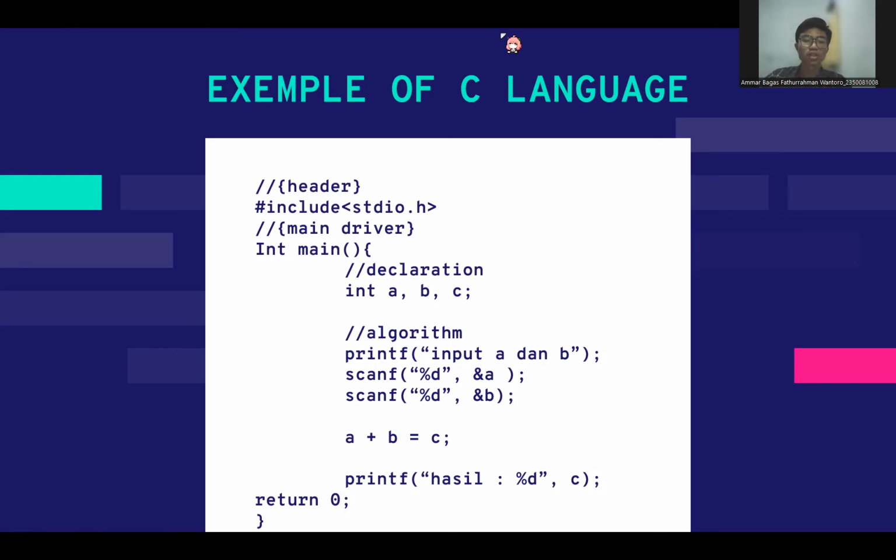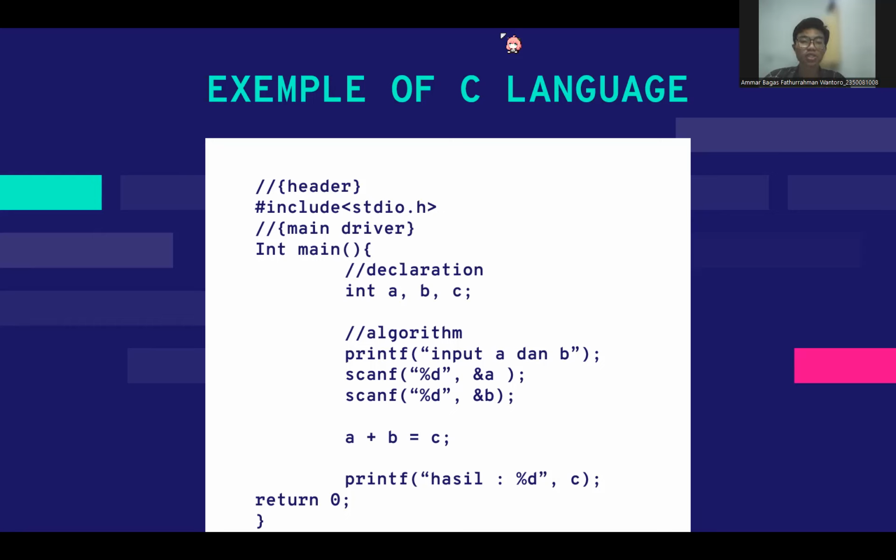So this is an integer. Int is integer, variable A equals 10. So A is 10, B is 10. This int hasil tambah, int hasil bagi, hasil kali, hasil kurang is the declaration.